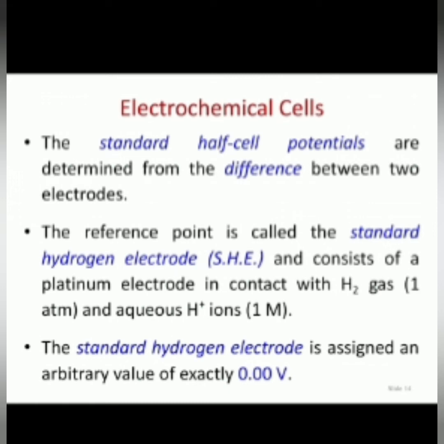Now the reference point is called the standard hydrogen electrode, SHE, and consists of a platinum electrode in contact with hydrogen gas at 1 atmosphere and aqueous H+ ions at 1 molar concentration. The SHE is assigned an arbitrary value of exactly 0.0 volt on the basis of the electrochemical series.